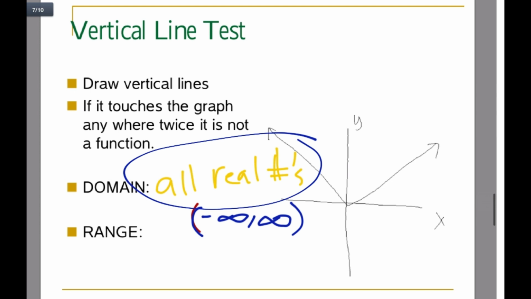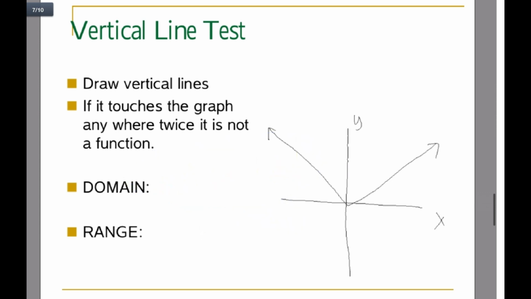The range now. Looking at the range, we're looking at the y values. So what y values does it touch? Well, the point's supposed to be at 0, 0. I know it kind of goes underneath, but it's supposed to be right here at 0, 0. And so there's no y values for my graph down here below the x-axis because the graph goes down and then it bends and comes back up.